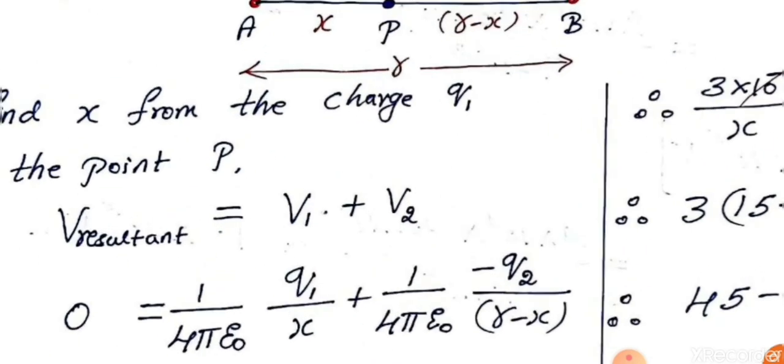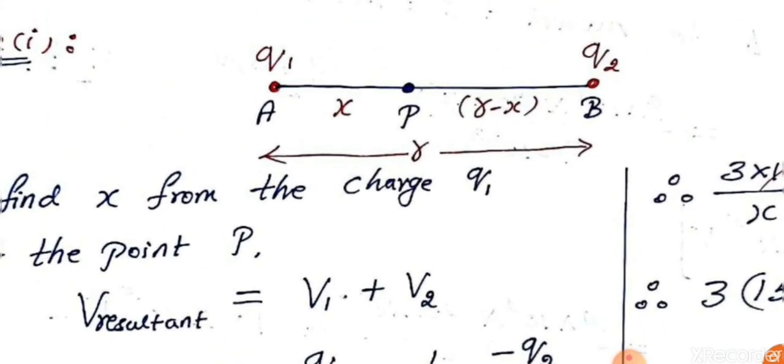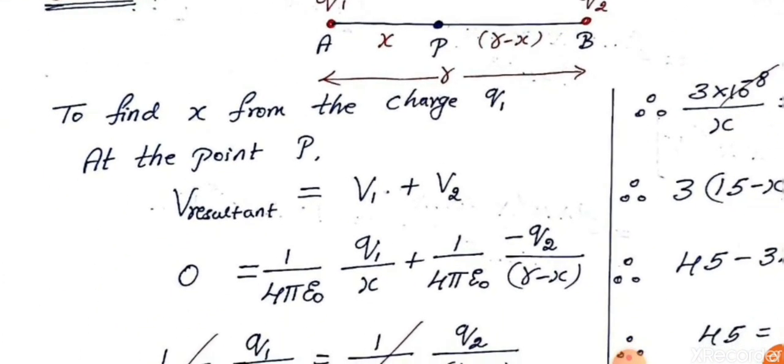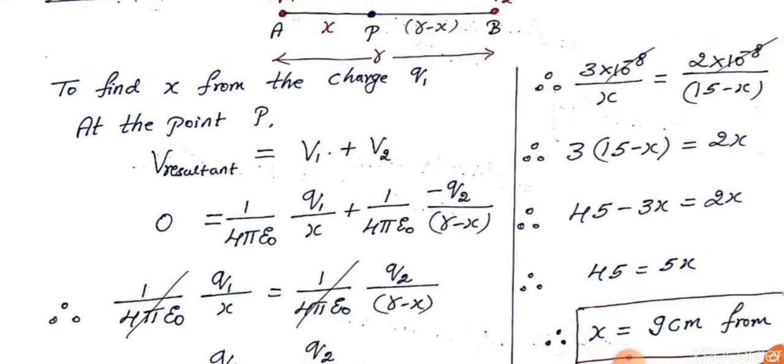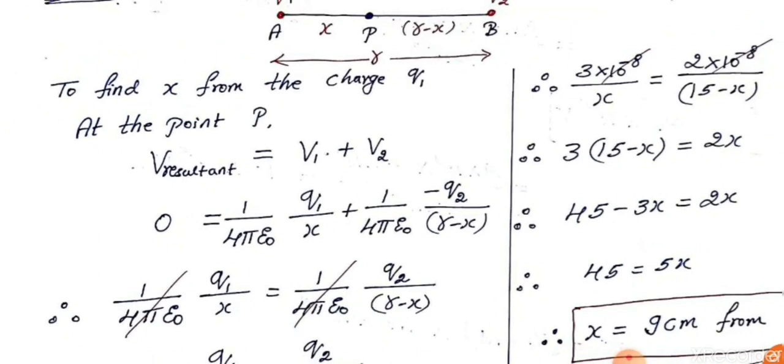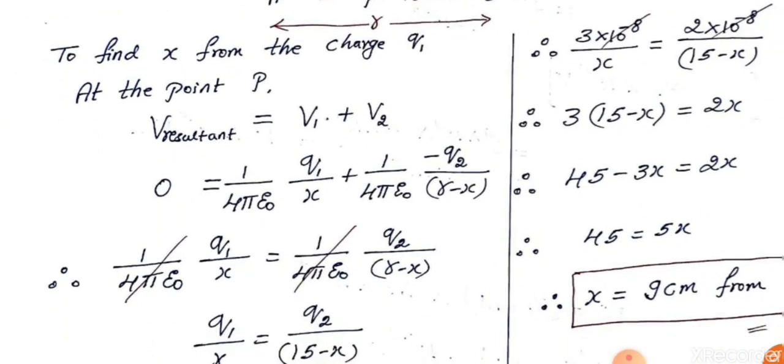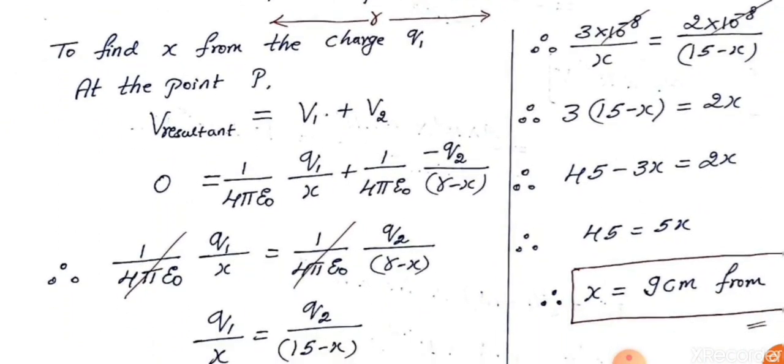Between A and P, the distance I take as x, and the remaining distance will be r minus x. According to the concept of resultant potential, it is V1 plus V2, and according to the question, the resultant should be 0. Substitute the V1 value, 1 by 4 pi epsilon naught q1 by x.